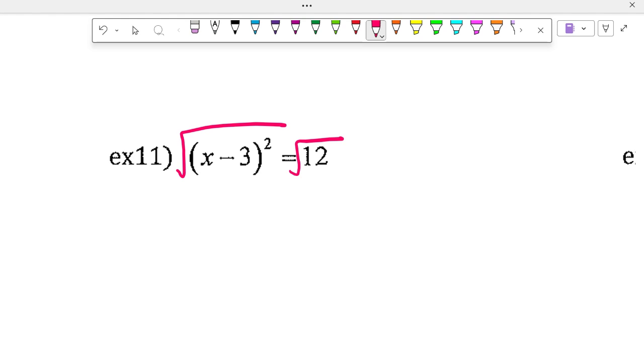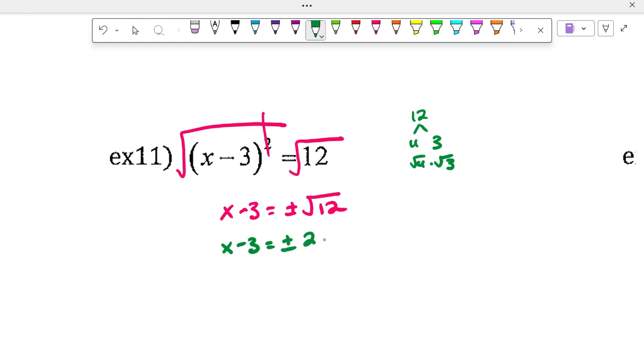Now, when I take the square root, I'm going to have x minus 3 is equal to plus or minus the square root of 12. Now, we can simplify the square root of 12. So let's go ahead and do that. So square root of 12, what can I break it down to? 4 and 3. So this would be square root of 4 times the square root of 3, which is what? 2 square root of 3.